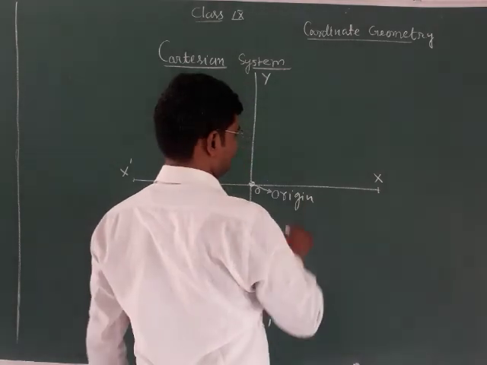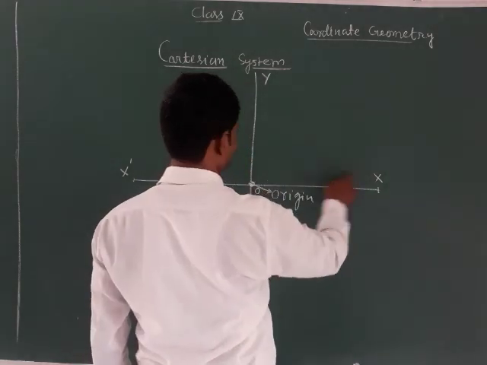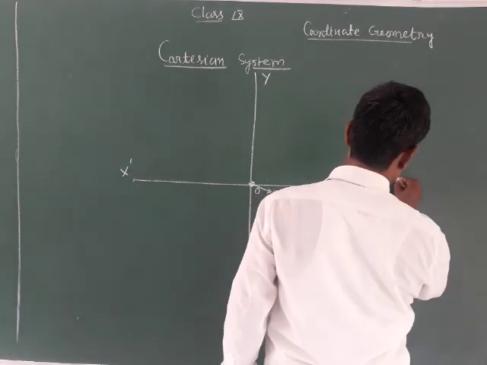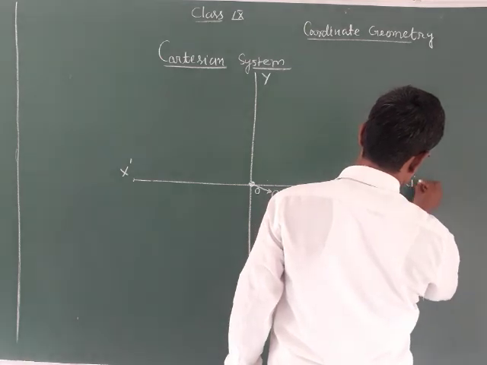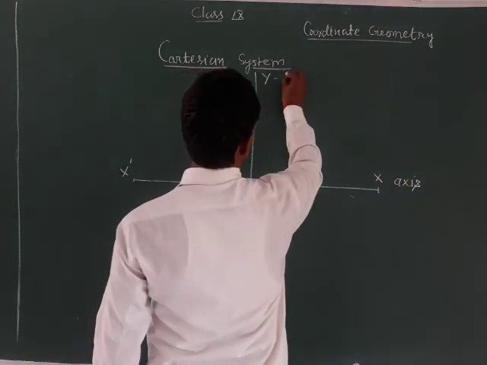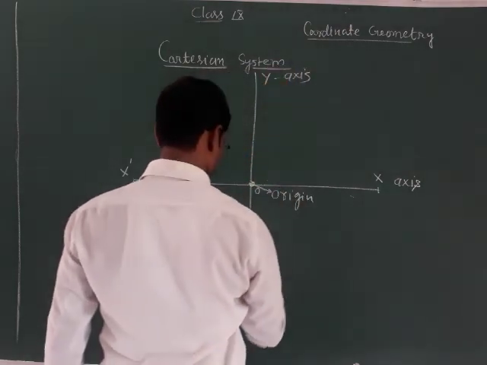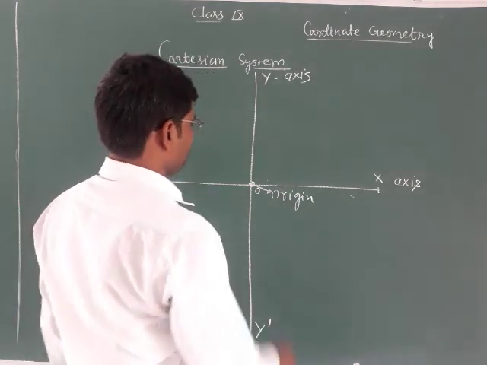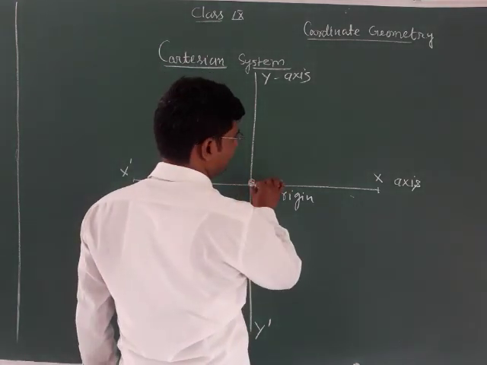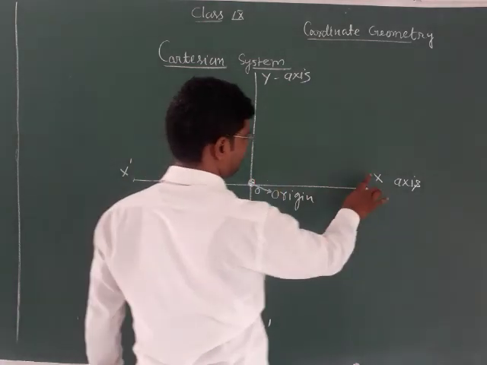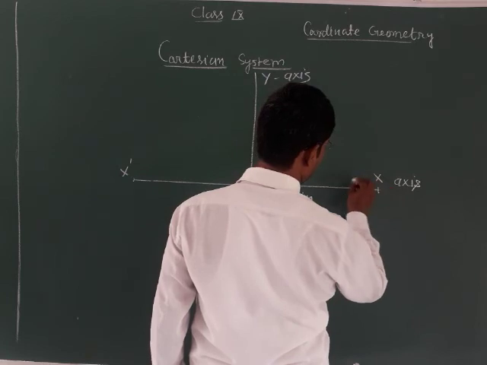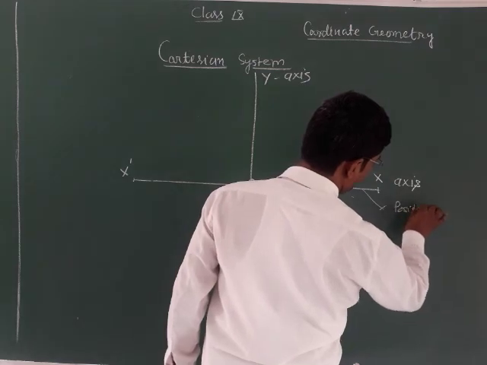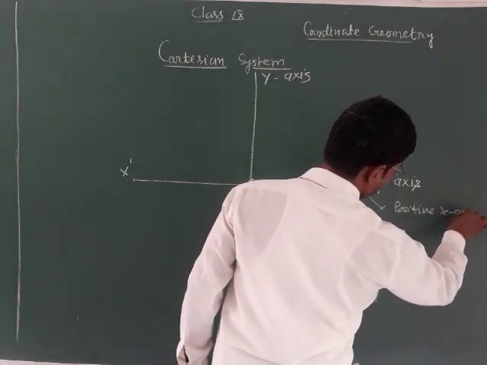x and x dash are called axes. And y and y dash also are axes. From the origin, the positive direction of the axis, this is the x axis, the positive x axis.